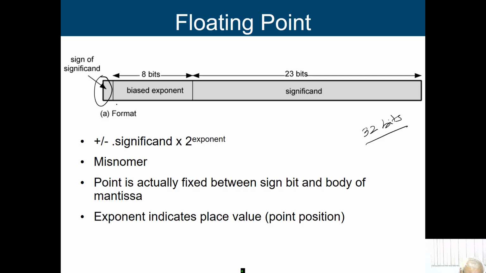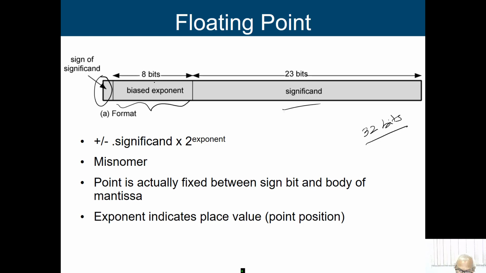Then 8 bits are kept for the exponent, and 23 bits are for the significand or mantissa. So, the representation is plus or minus the significand times 2 to the power exponent.